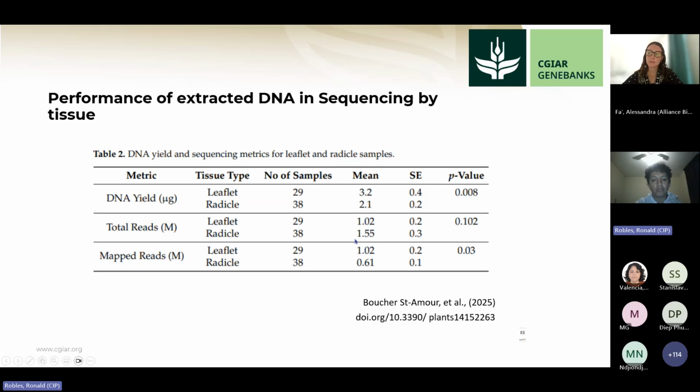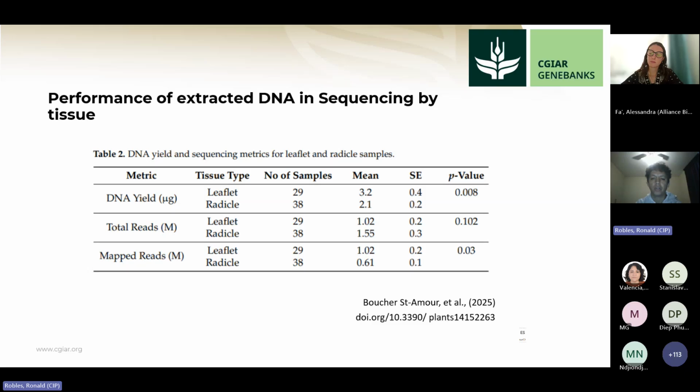But in contrast, from the root tissue, of the 1.55 million reads that were obtained, only 0.61 belonged to our species. That means that we cannot rely only on the amount of DNA we obtain.